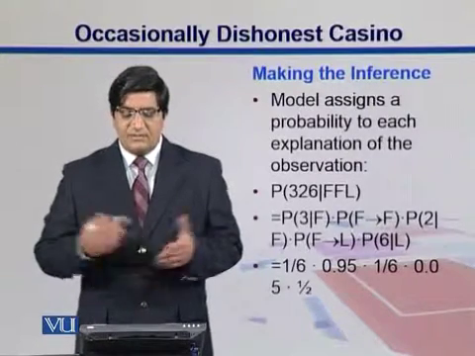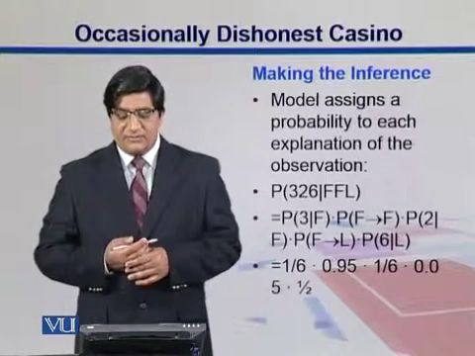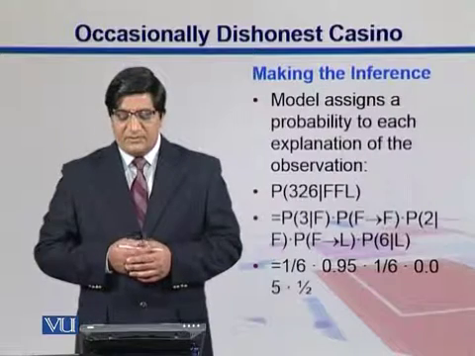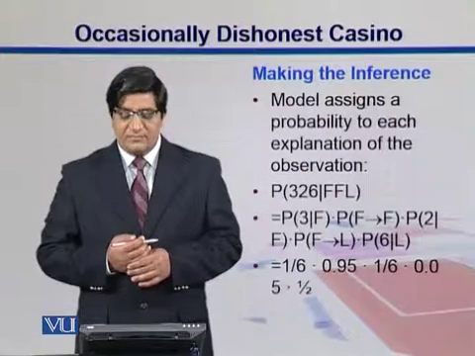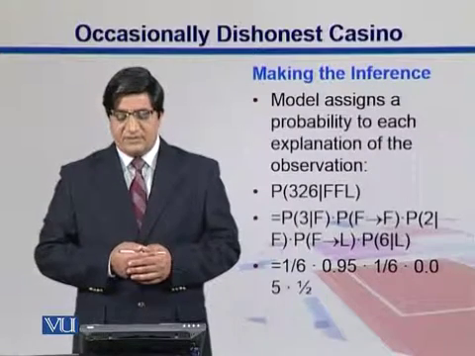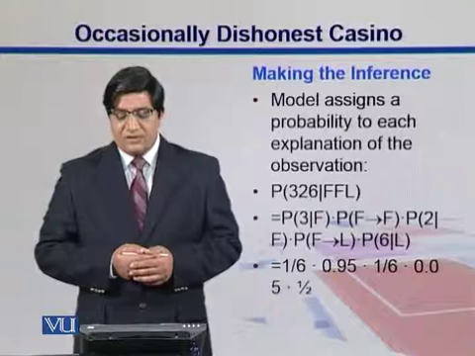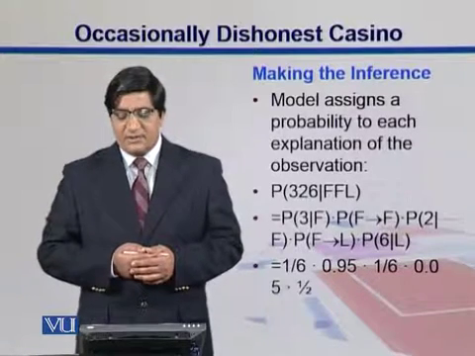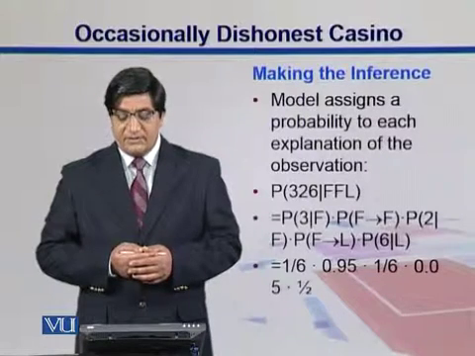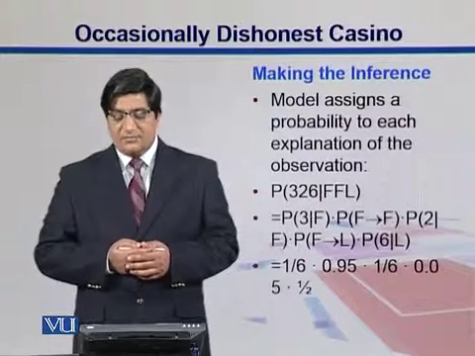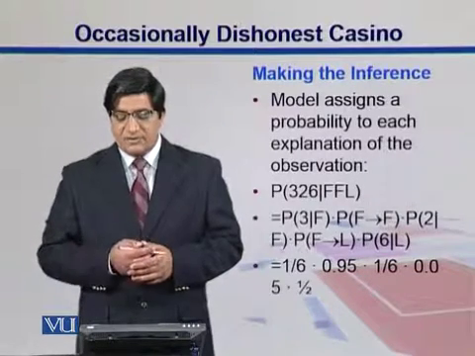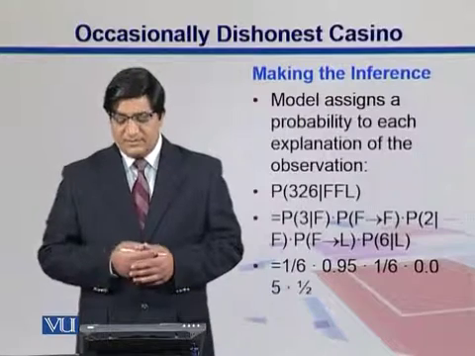We model our system, and then the model assigns a probability to each explanation. For example, we throw 3 tosses and we get these numbers like 3, 2, and 6, while the die was fair, fair, and loaded. For that we can use conditional probabilities: the conditional probability of 3 while it is fair, and then the transition probability, since we are moving from fair to fair state.